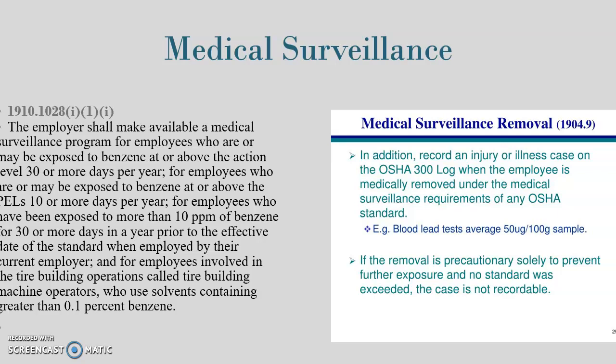For employees who have been exposed to more than 10 ppm of benzene for 30 days or more in a year prior to the effective date of the standard when employed by their current employer, and for employees involved in the tire building operations, called tire building machine operators, who use solvents containing greater than 0.1% benzene.